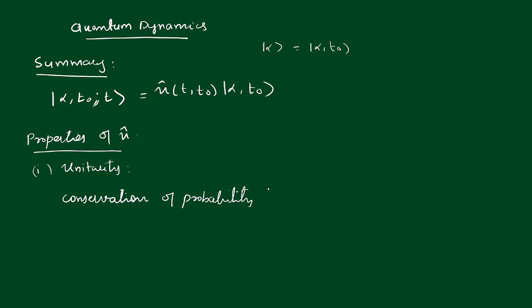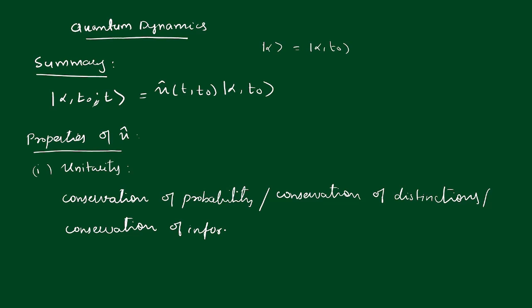Conservation of probability, or let's say conservation of distinctions. ഇങ്ങനെ പല രീതിയിൽ നമുക്കിതേ പോയിന്റ് പറയാം. കൺസർവേഷൻ ഓഫ് ഡിസ്റ്റിങ്ഷൻസ്. റൈറ്റ്, സംടൈംസ് ഇറ്റ്സ് ഓൾസോ കോൾഡ് the conservation of information. Right, or we can say the conservation of scalar products.